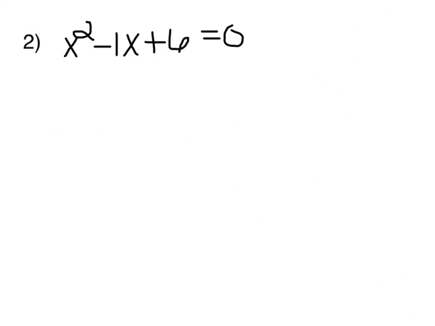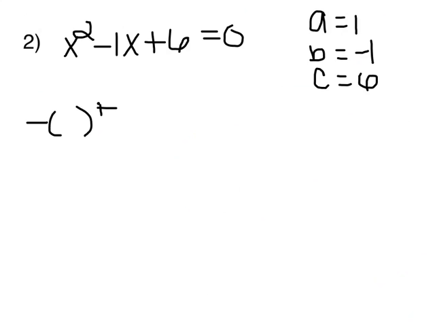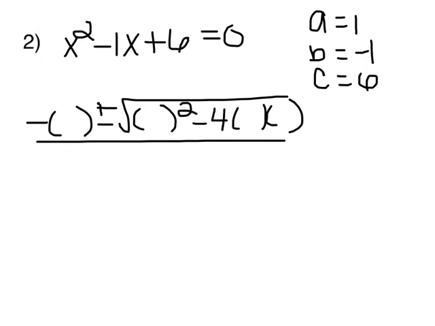In example 2, our a is equal to 1, our b is equal to a negative 1, and our c is equal to 6. If we plug this into our quadratic equation, we have a negative b plus or minus the square root of b squared minus 4a times c all over 2a.